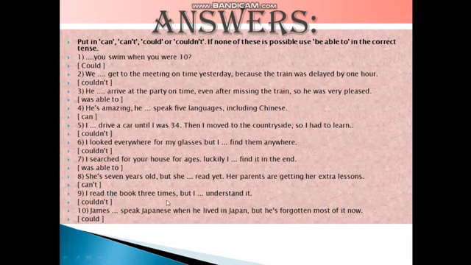I read the book 3 times, but I couldn't understand it. Bu keçmiş zamanda olduğuna görə biz burada couldn't'dan istifadə edə bilərik. James could speak Japanese when he lived in Japan, but he's forgotten most of it now.